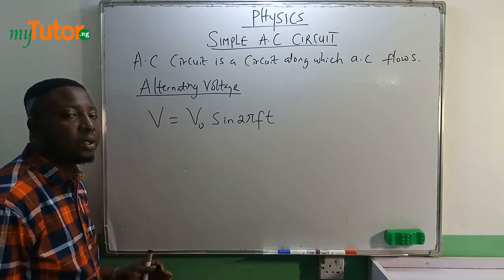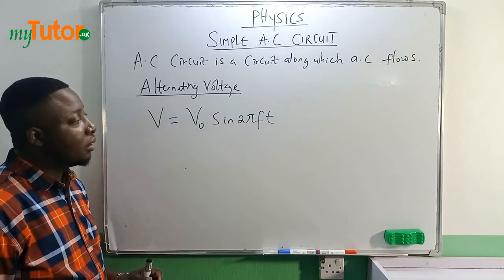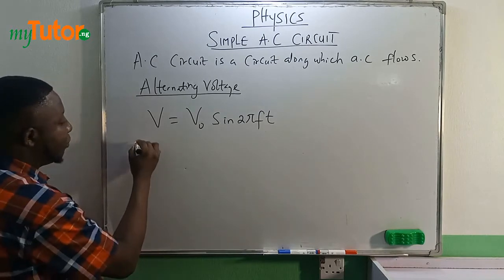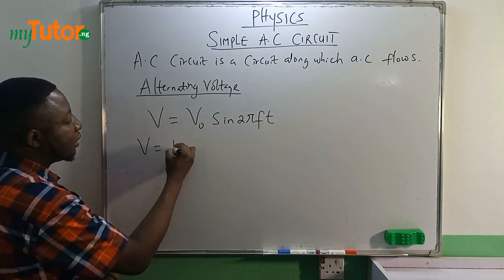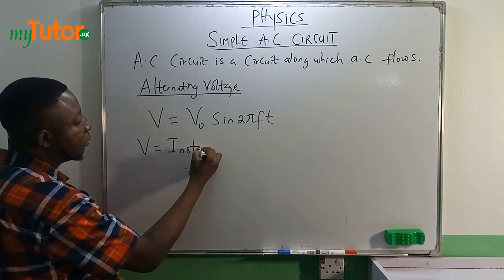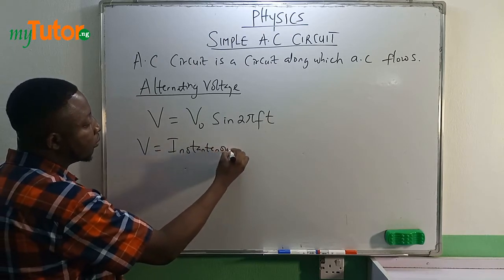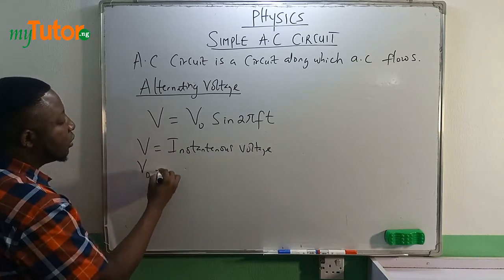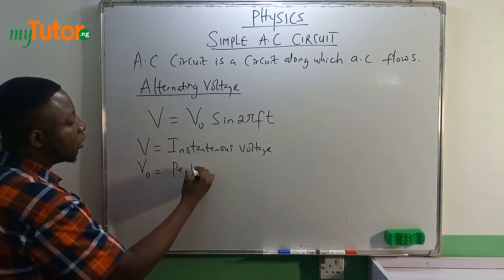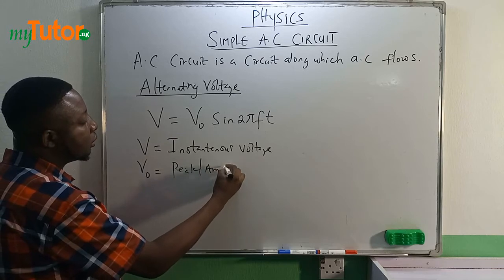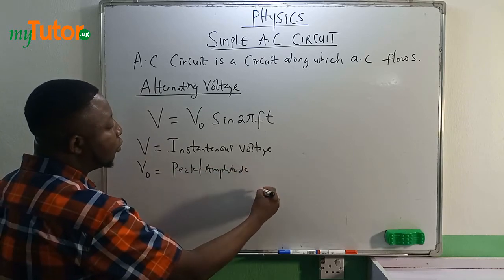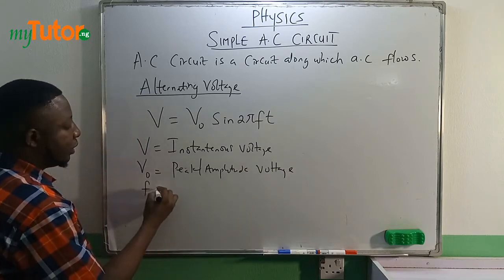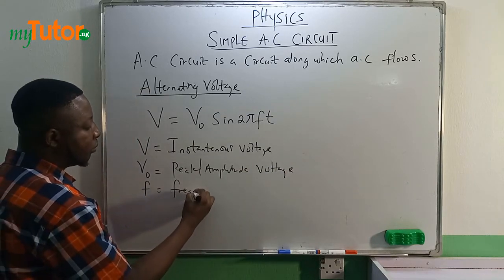This equation is exactly similar to alternating current, where our V here is also called the instantaneous voltage. Our V naught is called the peak voltage, or the amplitude voltage, or the maximum voltage. Then our f is the frequency.